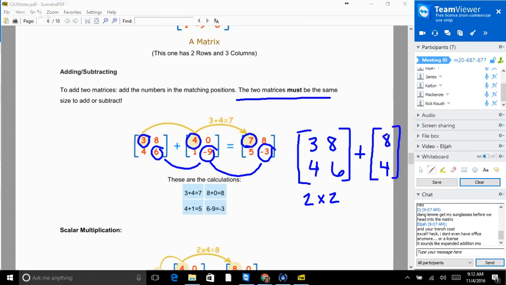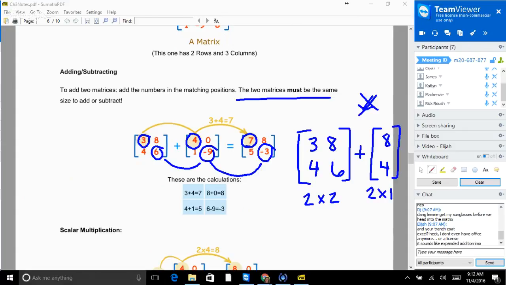Okay. This matrix has 2 rows and only 1 column. I can't do this. Okay. The only way this is not possible to do, can't do, X it out. The only way that you can add two matrices together is if you have the same size.